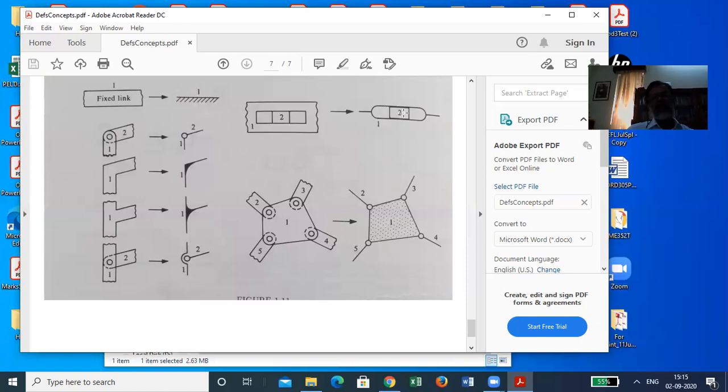But this is showing one link sliding relative to the other slot link. And kinematically, it would mean the same thing if this is made like a little block and this guy is made like a slot. It would technically mean the same thing.